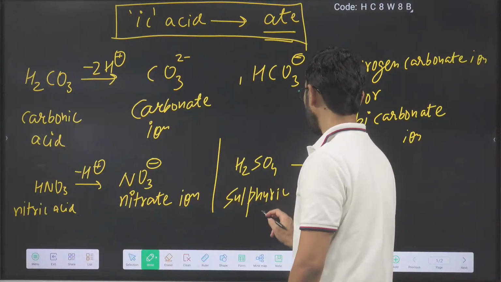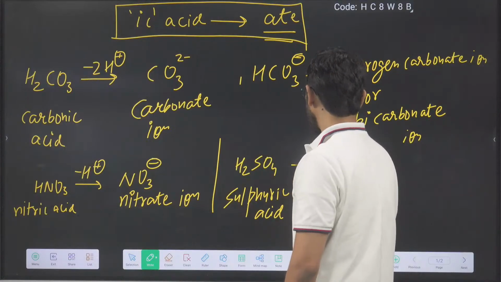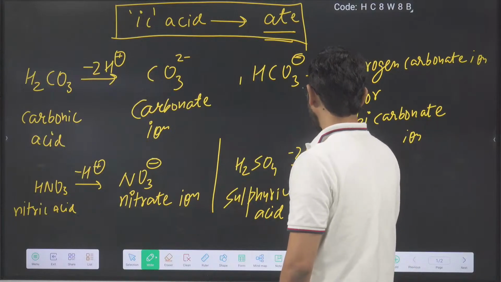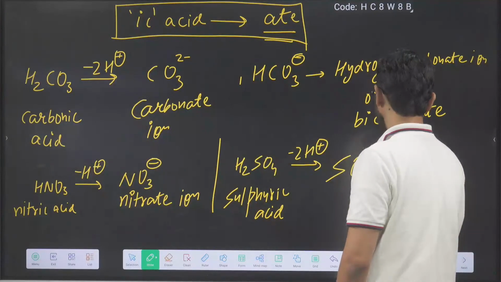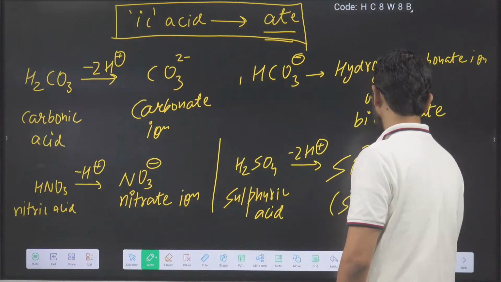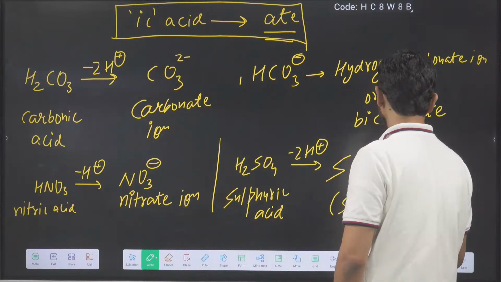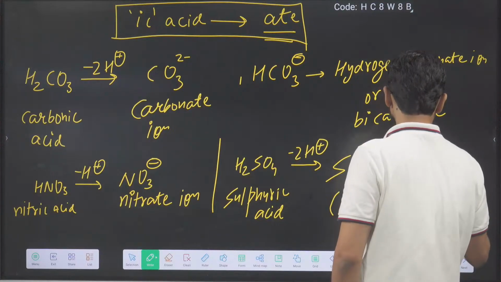Similarly, sulfuric acid, loss of 2H plus, directly I'm writing SO4 2 minus. Sulfuric acid becomes sulfate ion.